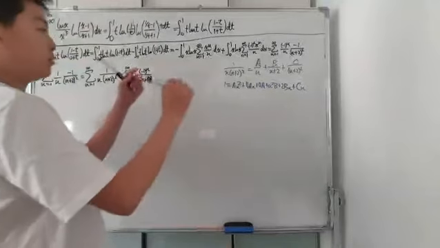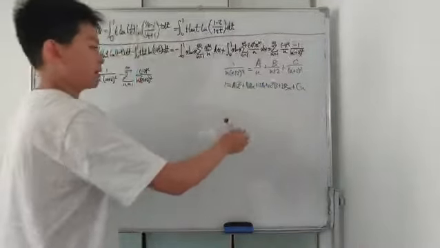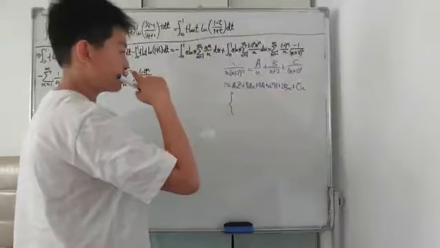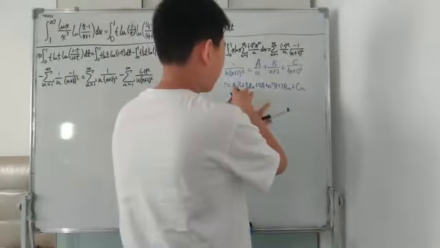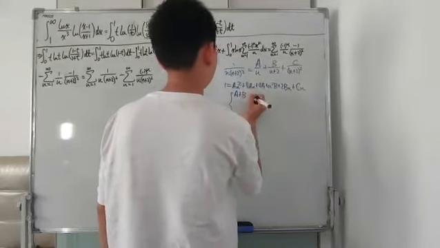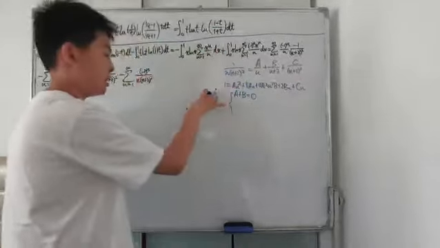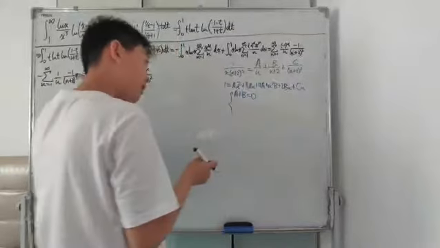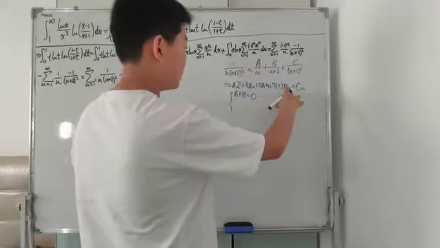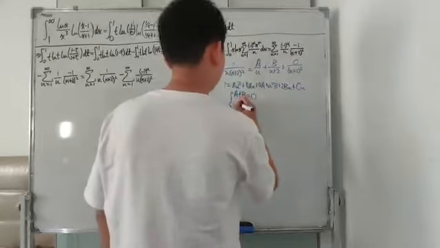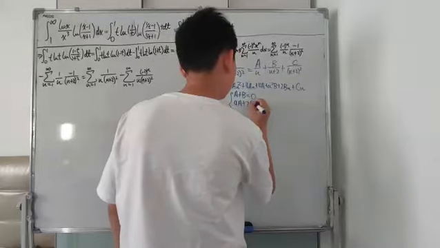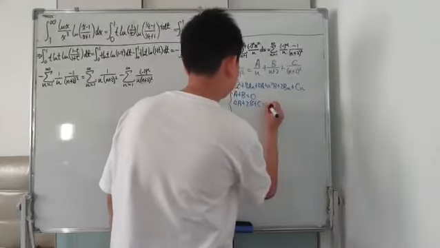So now we're saying this is always true for all n, so we can compare coefficients. You would get 3 equations and 3 unknowns. First, for the n squared, we have a plus b equal to 0, because there is no n squared on this side. Then for the n's we have 4a plus 2b plus c, also equal to 0.